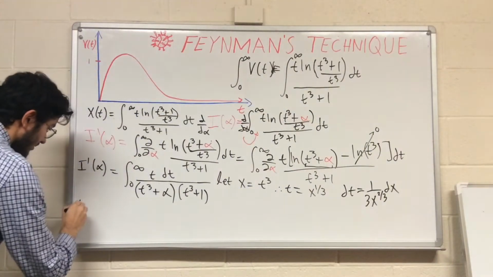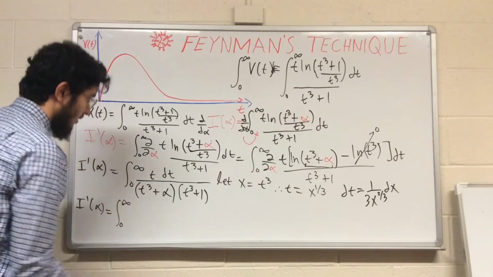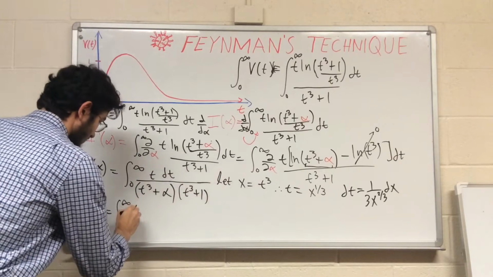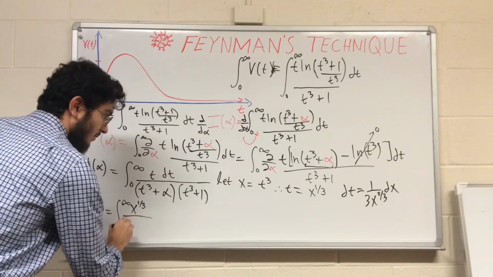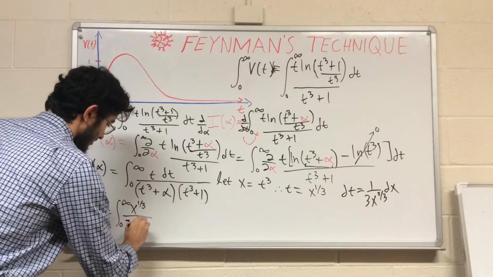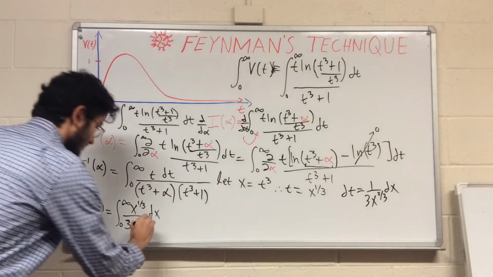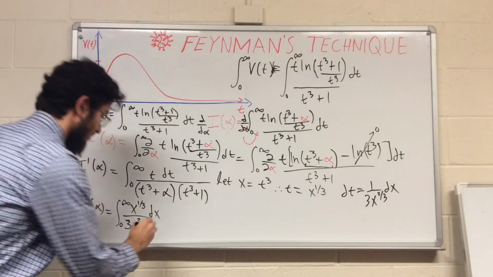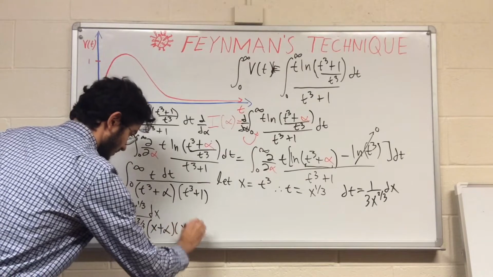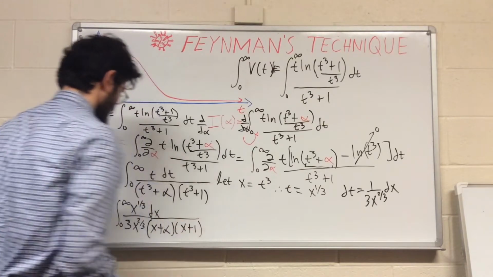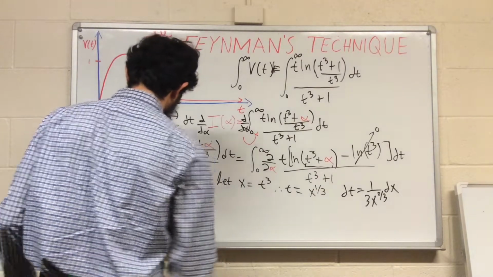So let's see, we get that I prime of alpha is equal to integral from 0 to infinity of t, but t is x to the 1/3 times dt, which is nothing but 1/3 times x to the 2/3 dx on top. And on the bottom we have t cubed, which is going to be in this case x plus alpha times x plus 1.